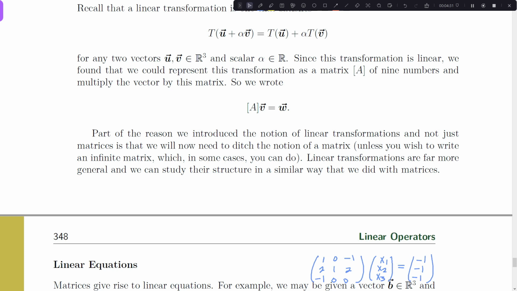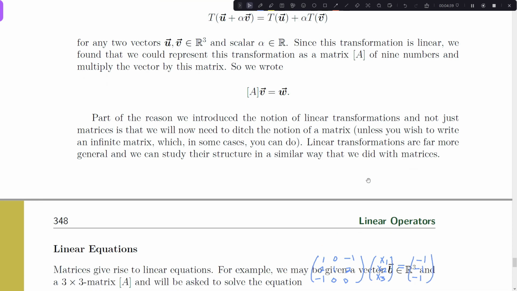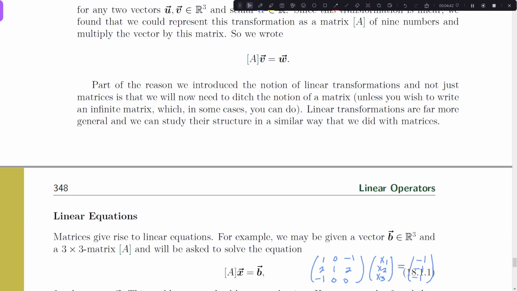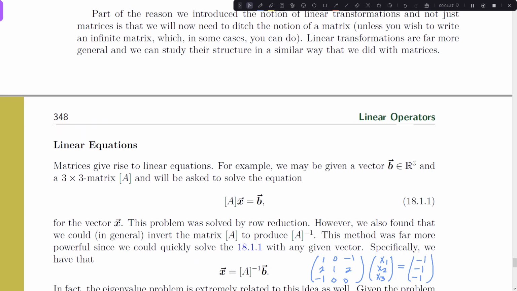That's a matrix equation where the unknown is a vector, right? We're searching for an unknown vector. We have a matrix against the vector equals another vector. And I think a lot of you remember how to solve something like this from your last semester. You would solve it by inverting the matrix, right? How do I get rid of the matrix right here? I get rid of that by inverting it and multiplying both sides by the inverse.